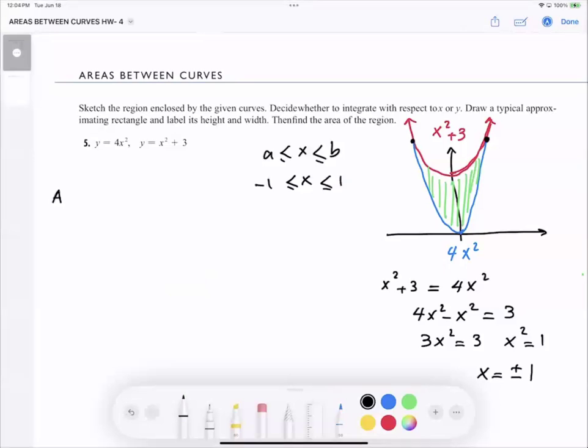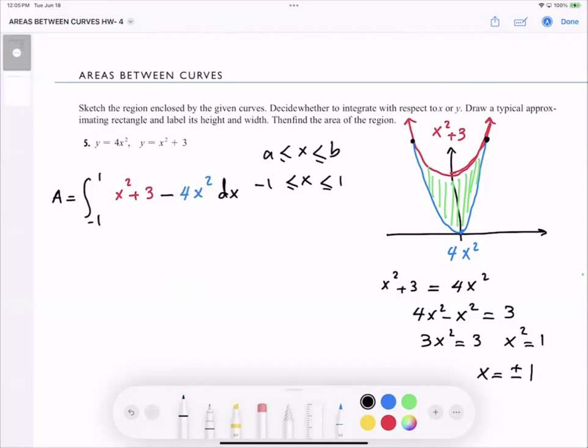The area is the integral from -1 to 1. Well, what is the larger y value? It is x squared plus 3, minus the smaller y value down here, or the ceiling and the floor, 4x squared, and then dx.